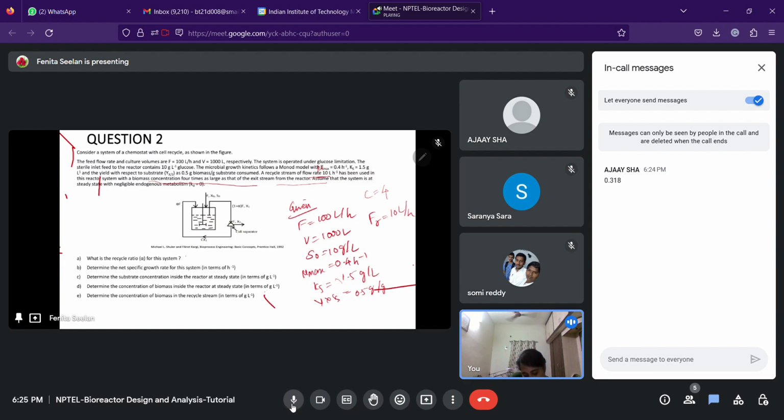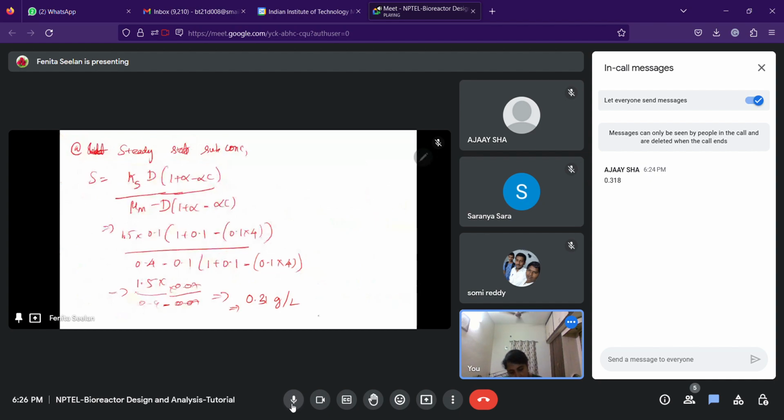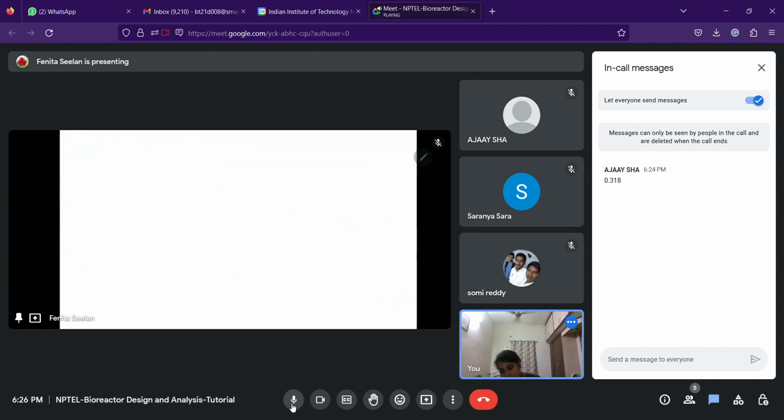We have to determine the concentration of the biomass inside the reactor at steady state. To calculate the concentration of biomass inside the reactor, what would be the formula? It will be similar to your batch formulas only.